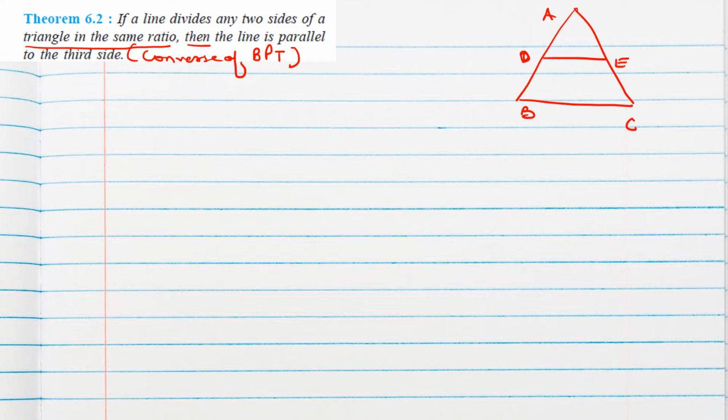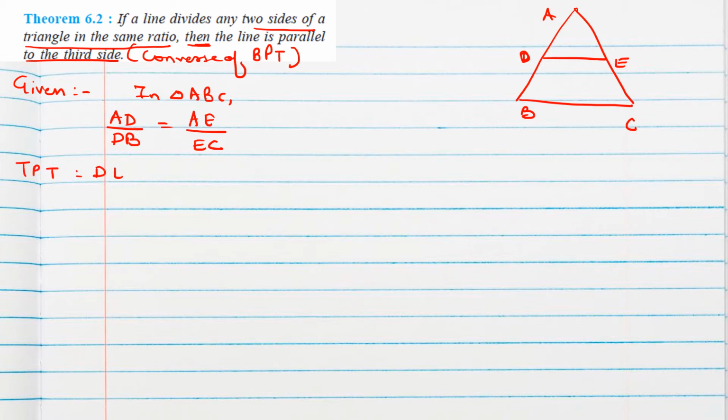Then what we have to prove is that this line is parallel to the third side, means DE is parallel to BC. So we can write the given here: in triangle ABC, AD by DB equal to AE by EC. To prove that DE is parallel to BC.